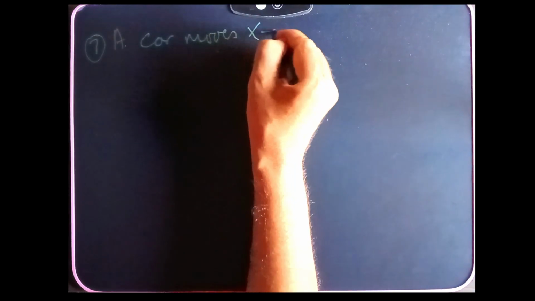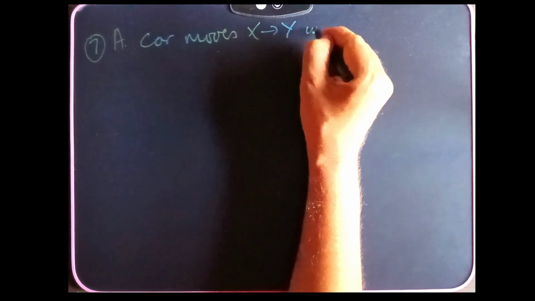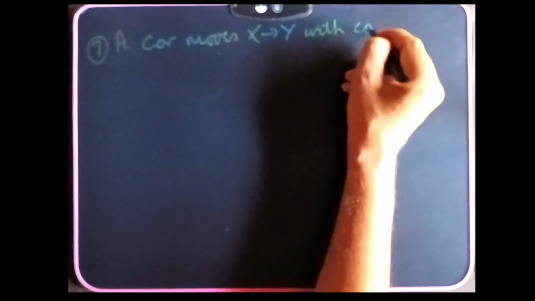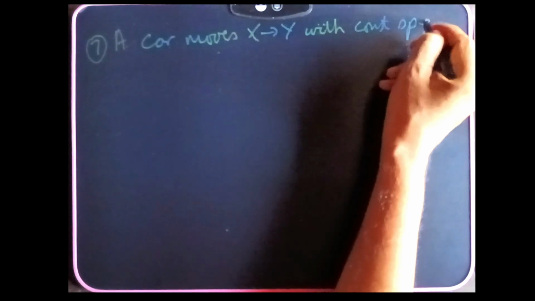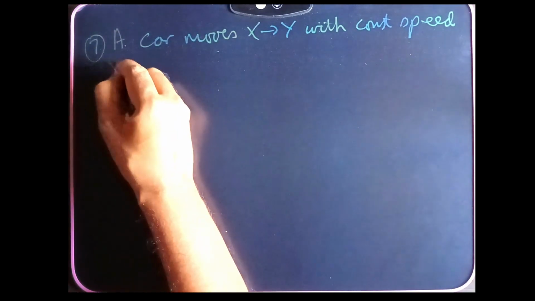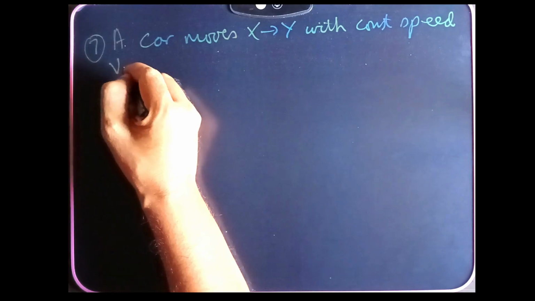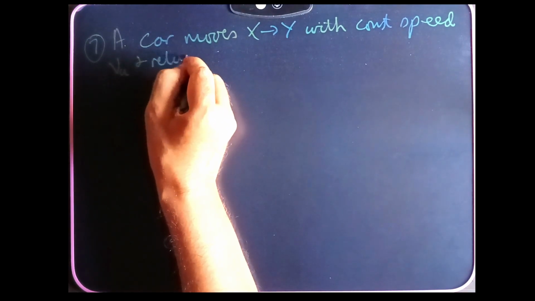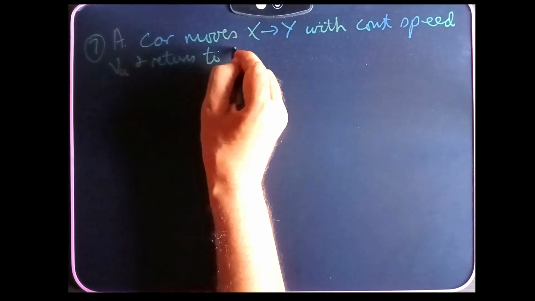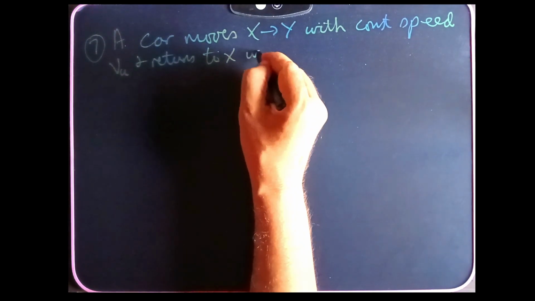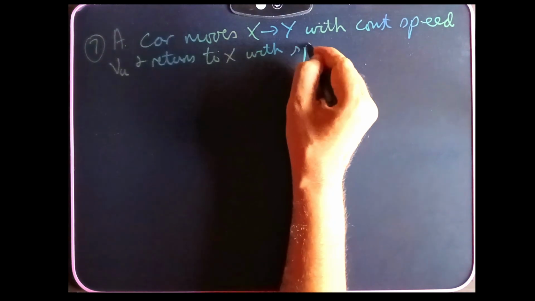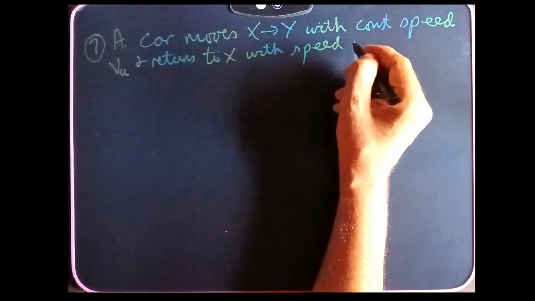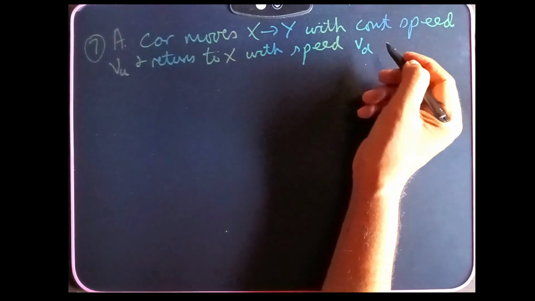A car moves from X to Y with constant speed Vu and returns to X with speed Vd.